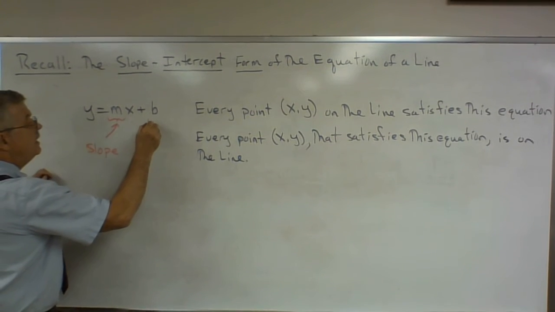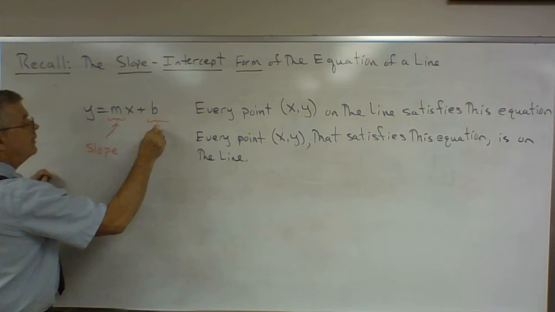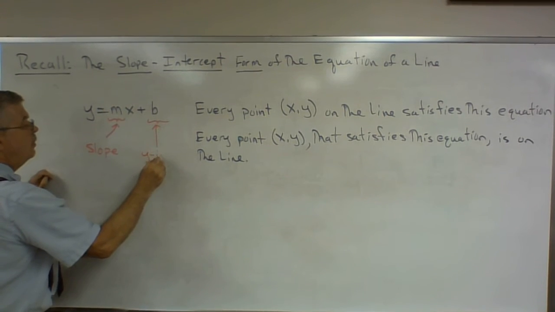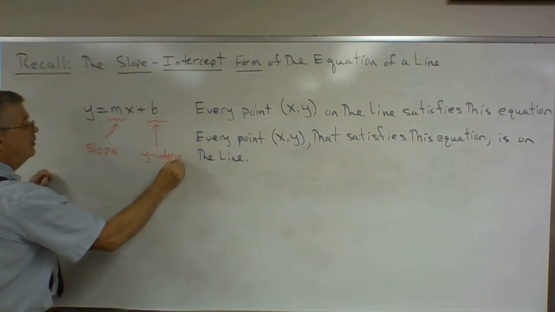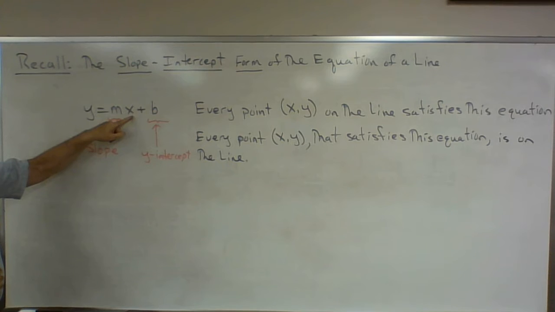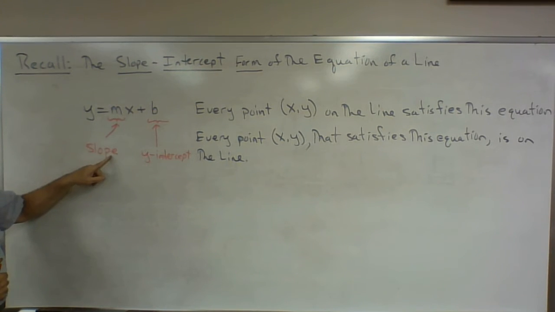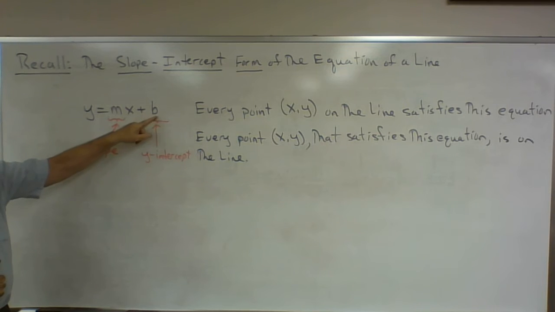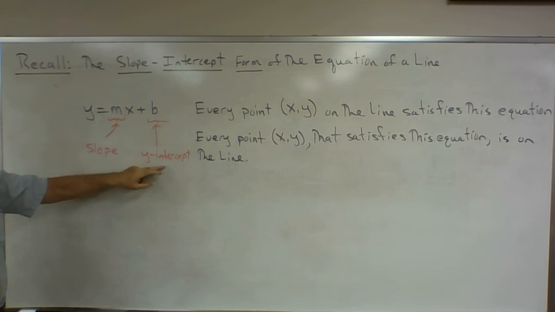And this guy here, this is the Y-intercept. So the number that multiplies x, the coefficient of x, that's the slope. And this number that we add on to the end, that's the Y-intercept.